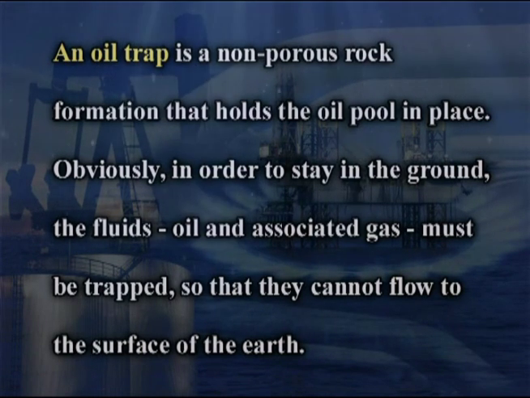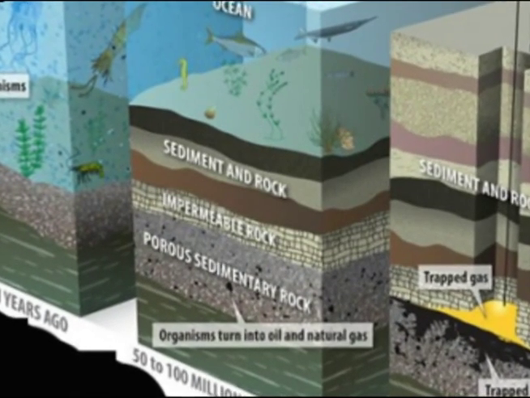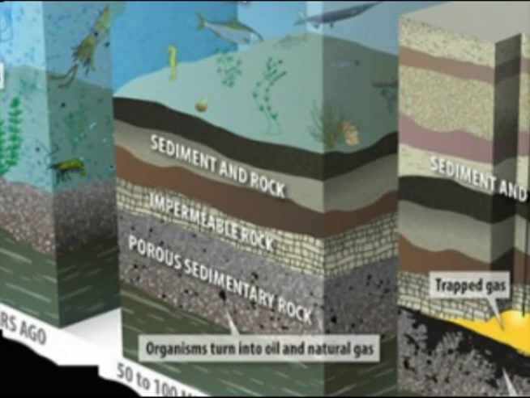Obviously, in order to stay in the ground, the fluids, that is oil and associated gas, must be trapped so that they cannot flow to the surface of the earth. The hydrocarbons accumulate in reservoir rock, the porous sandstone or limestone.